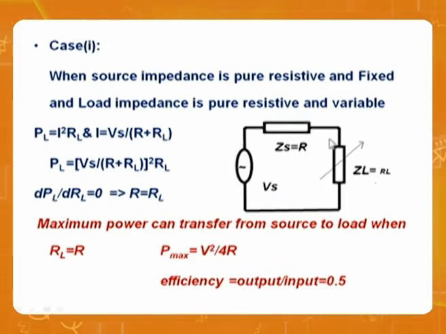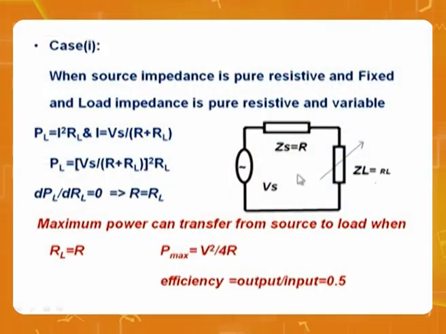Please look at this. This is a voltage source in series with impedance. This is the load. Some people by mistake think I am connecting the load to the source. Generally, rarely do we connect the load to the source. We always have a big circuit and then we connect the load.